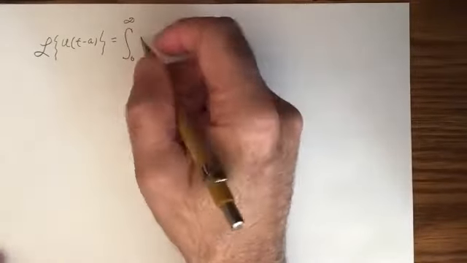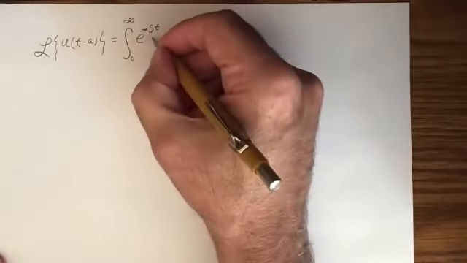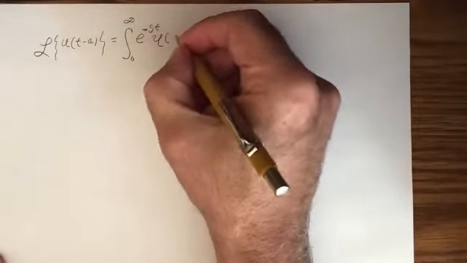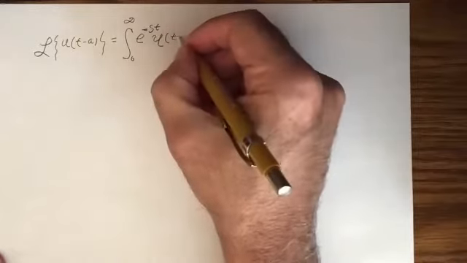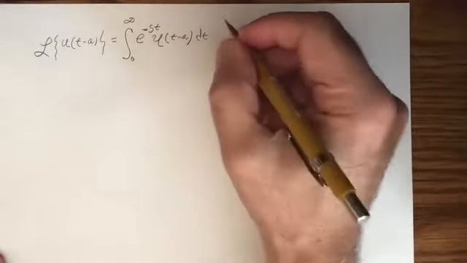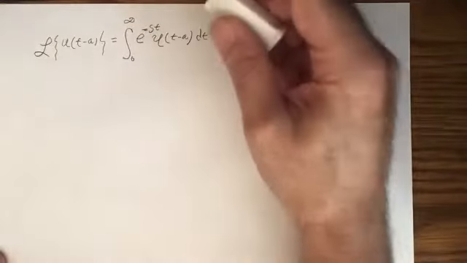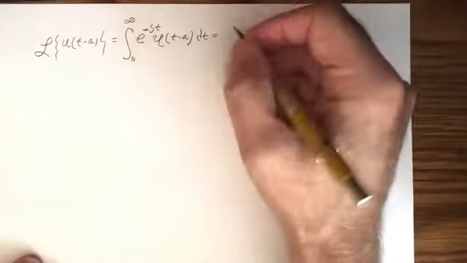Okay, so here's our definition of the Laplace transform. Now I'm putting the u in here. It's fancy u, then this is t minus a, dt. Let me put in the limits of integration, and the fact that it's an improper integral.